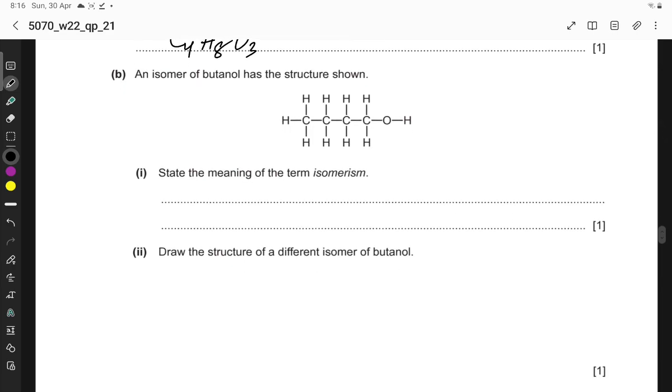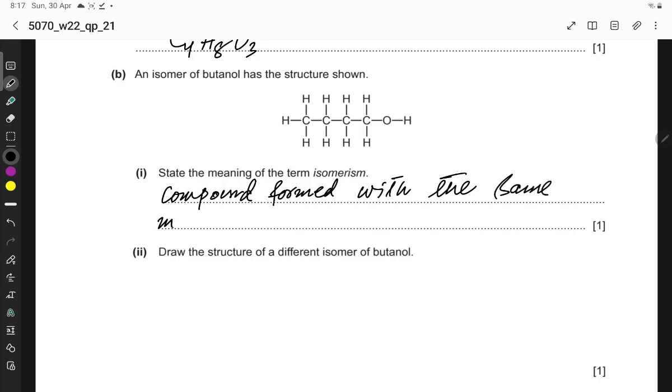State the meaning of the term isomerism. Isomerism: compounds formed with the same molecular formula but different structural formula.